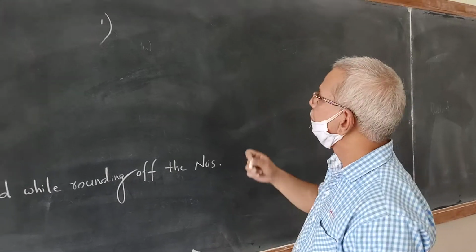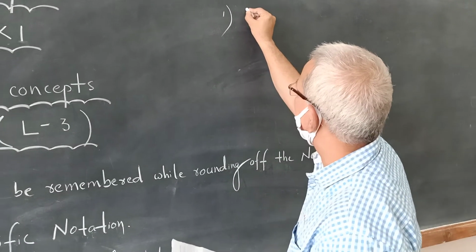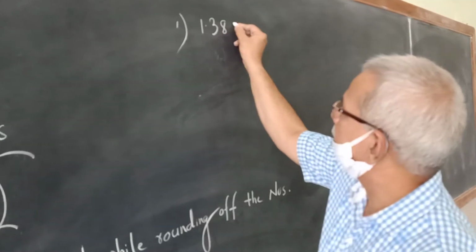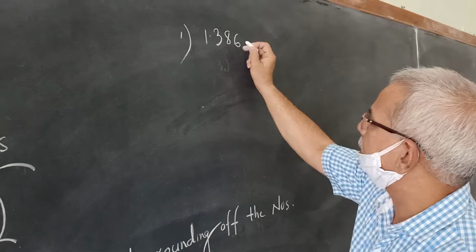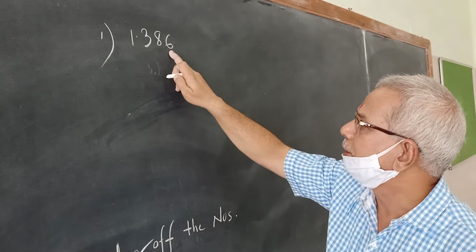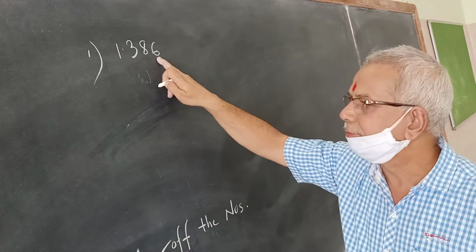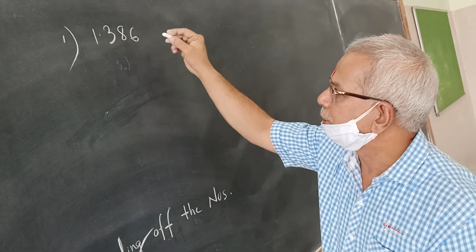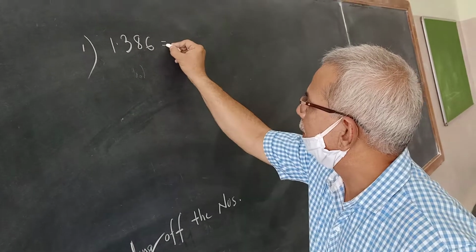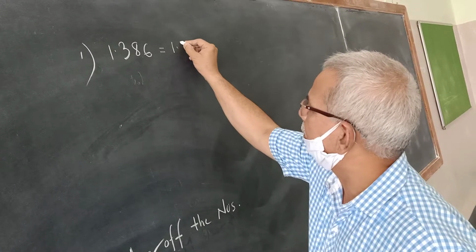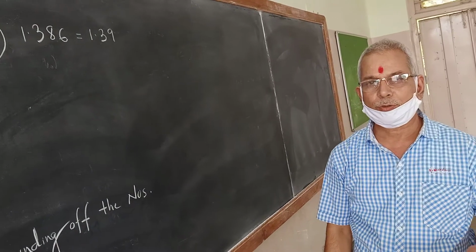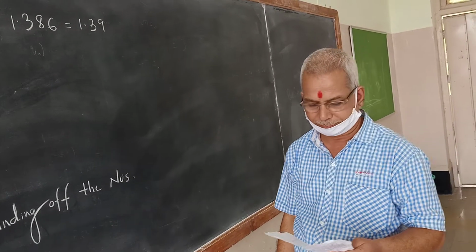For example, if your answer is 1.386, concentrate on the last digit. It is more than 5, so the previous number is increased by 1. So your answer should be rounded up to 1.39. This is rule number 1.